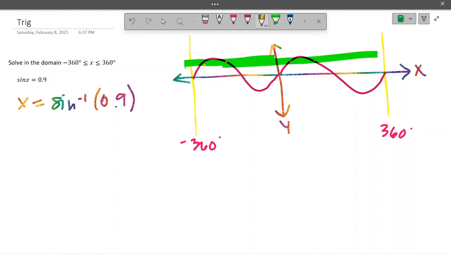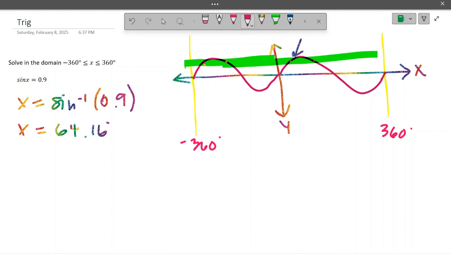When I pop that into my calculator, I get out a value that x equals 64.16 degrees. This value is within our domain. It's this value right here. So we know that that is one of our values. Okay. At this point, we have a lot of different options for how we find the next value.